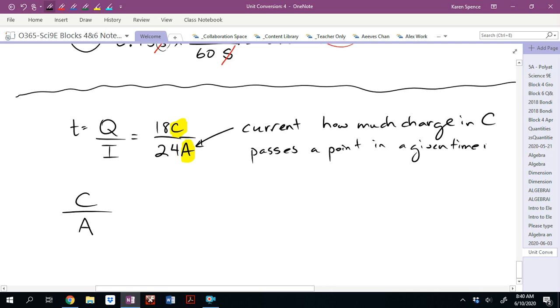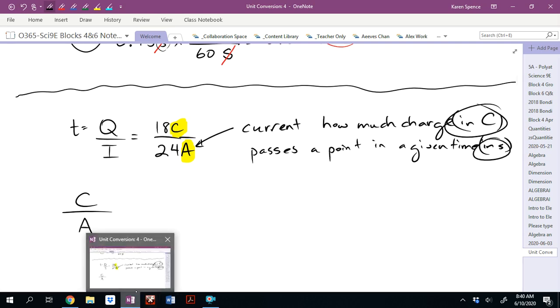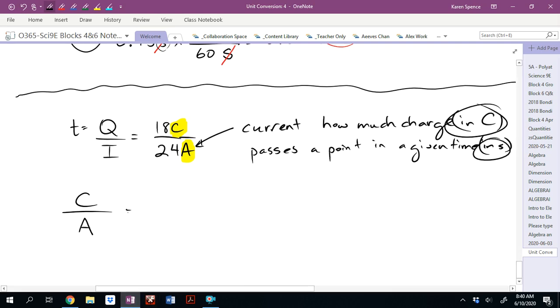And remember, time is in seconds. So current is the amount of charge, coulombs, in a given amount of time, seconds. So an amp is a coulomb per second. We have our coulombs here over amps, which is coulombs per second.